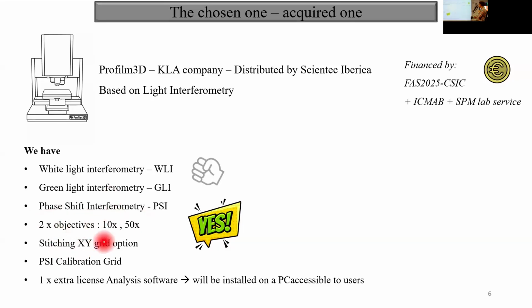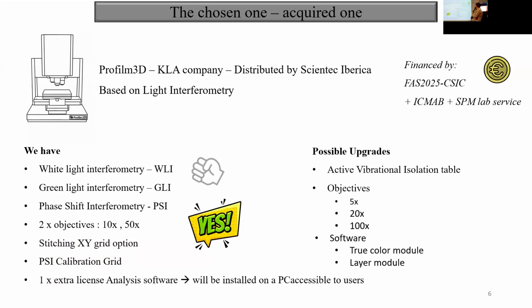The software has stitching capability, of which I will show a few examples. We also have a PSI calibration grid that we didn't know about, but we got it at the last moment, and I think it is really necessary. And we also got an extra license for analysis.